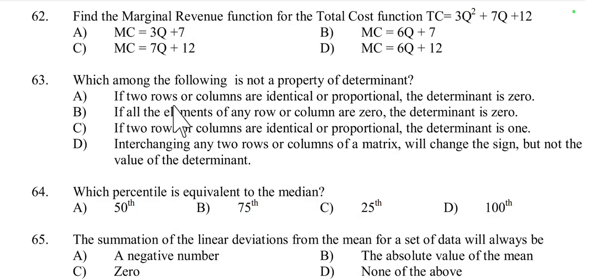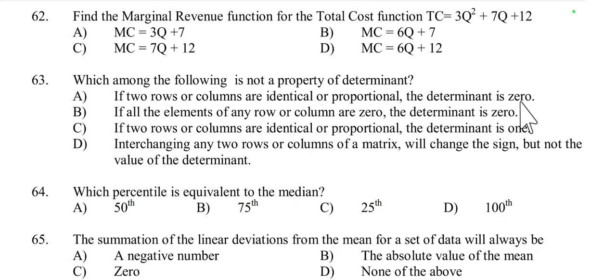First one is, if two rows or columns are identical or proportional, then the determinant is 0. Yes, if any two rows or any two columns are identical in a matrix, then the determinant is 0.